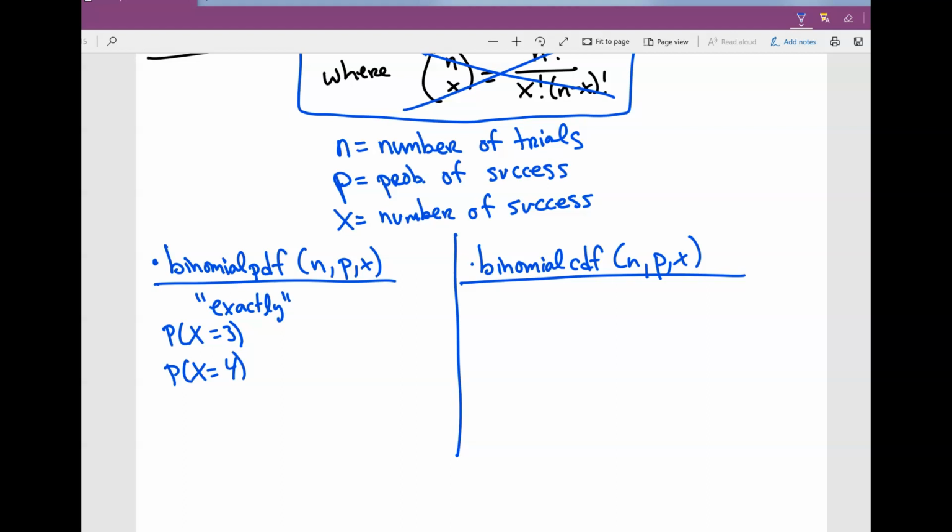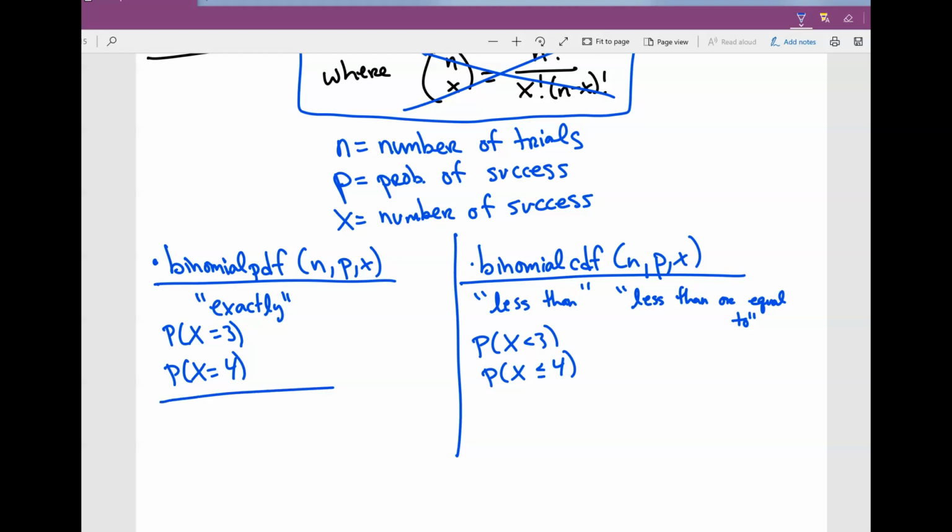Now, binomial CDF, you only want to use when it's less than, or less than or equal to. So when you have probability of x being less than 3, probability of x being less than or equal to 4, something like that. When you have these symbols, or when the problem tells you something is less than.